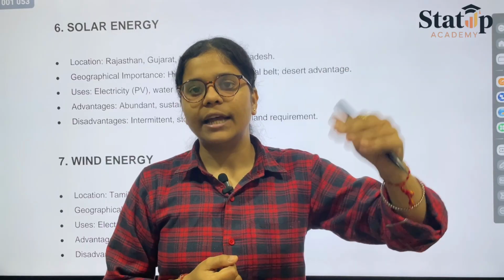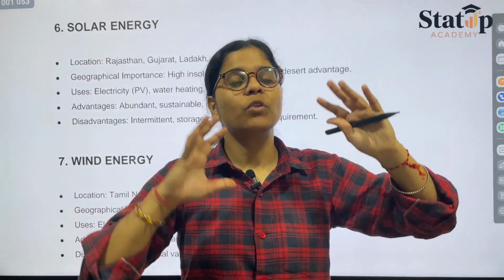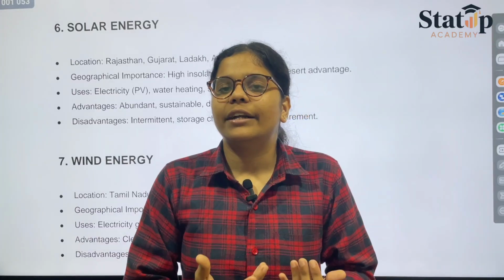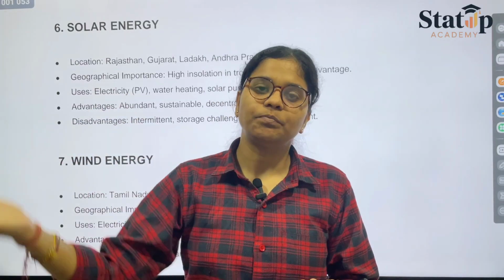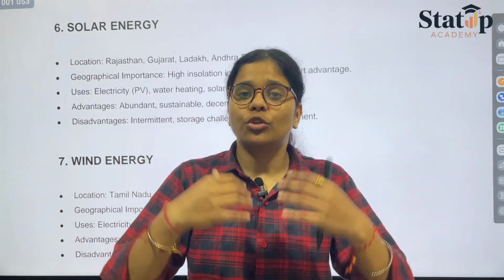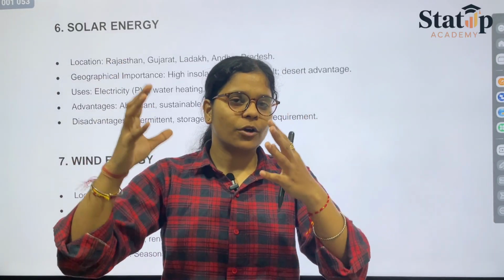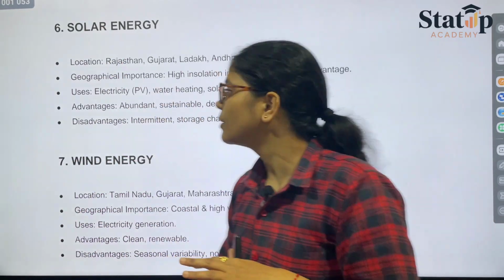If you are supplying a major amount of heat, it doesn't mean that all of the heat would be entrapped. Only a few will be entrapped and much will be reflected. Therefore, large input would be there so that output could be large. Large insolation is required. Insolation means the coming of the sun's rays to the earth's surface.